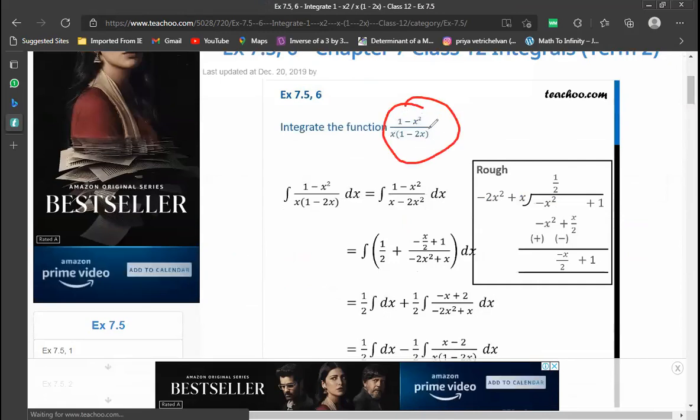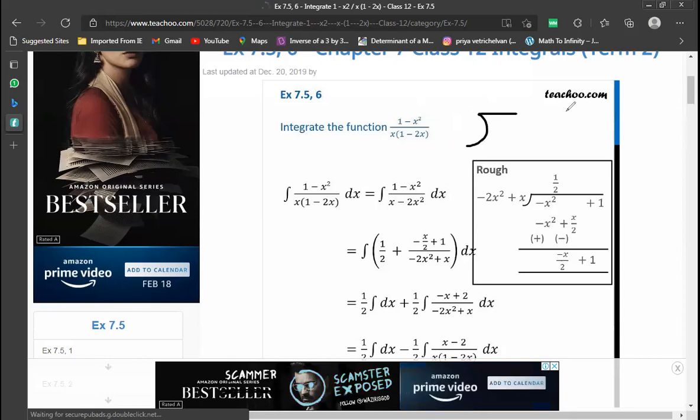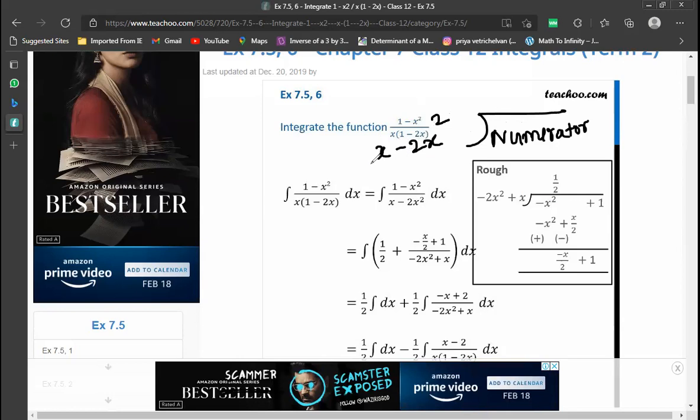So you have 1 minus x square in the numerator and in the denominator you have x minus 2x square. So let's divide this. You write the numerator inside as the dividend and take the denominator as the divisor.